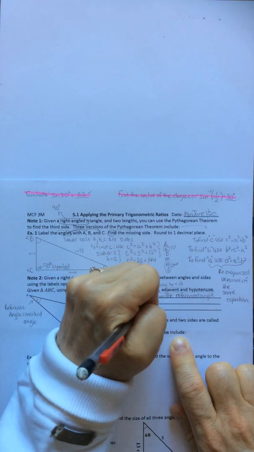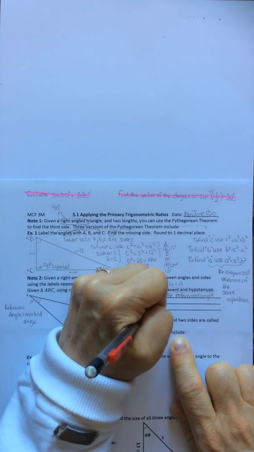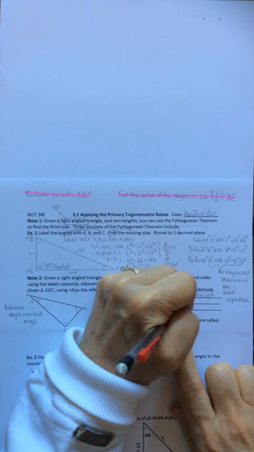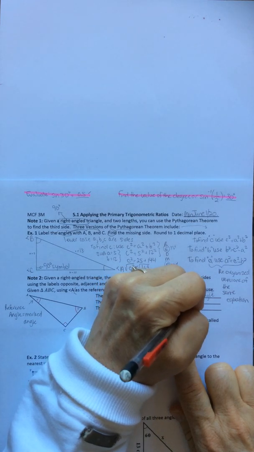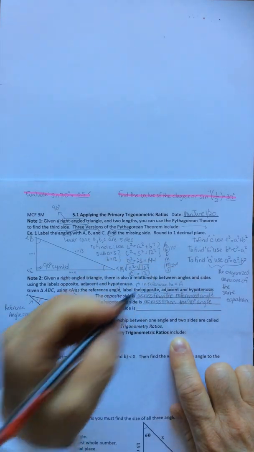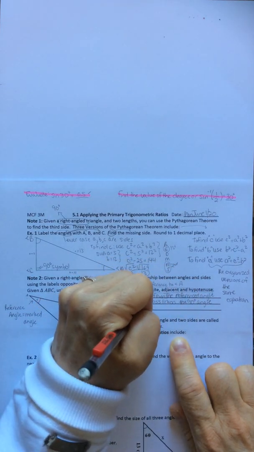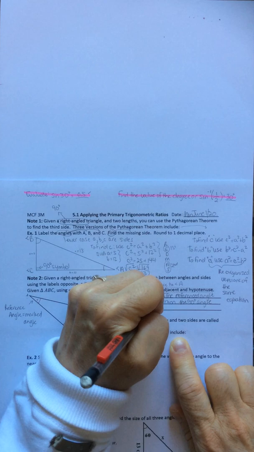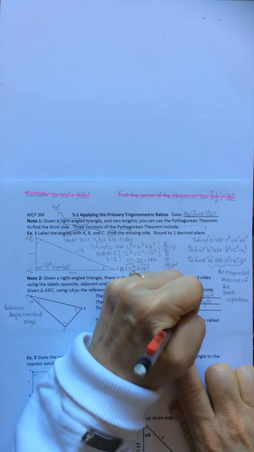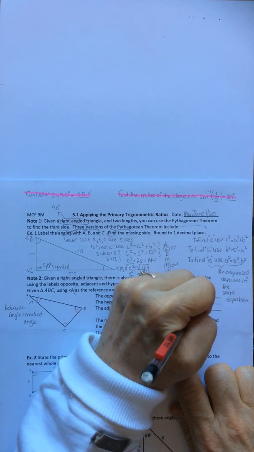The hypotenuse side is across from the 90-degree angle. And the adjacent side is left over, next to the reference angle.